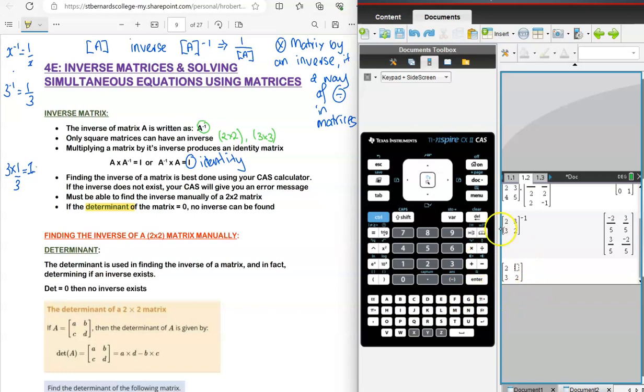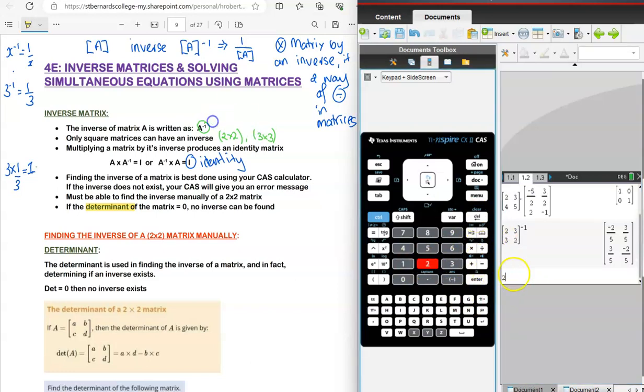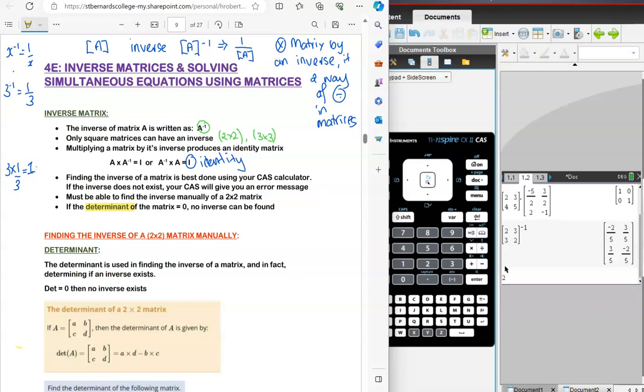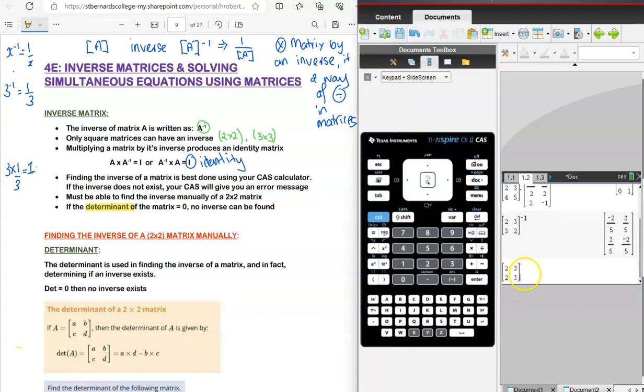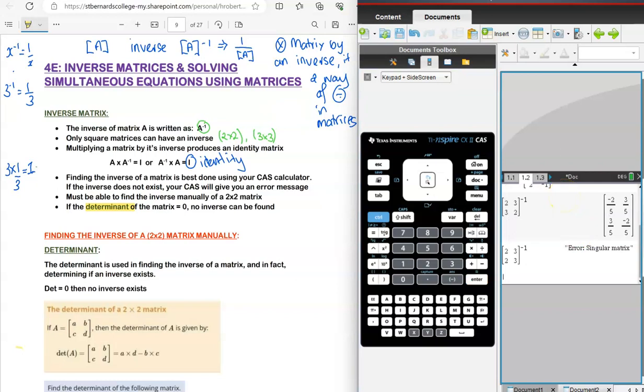So I want that one to be 3 and that one to be 2. Sorry, so if you take this one, for example, and I try to raise it to the power of -1 and find the inverse, you'll see here you get an error. It can't be done. This is because this matrix here has a determinant of 0.